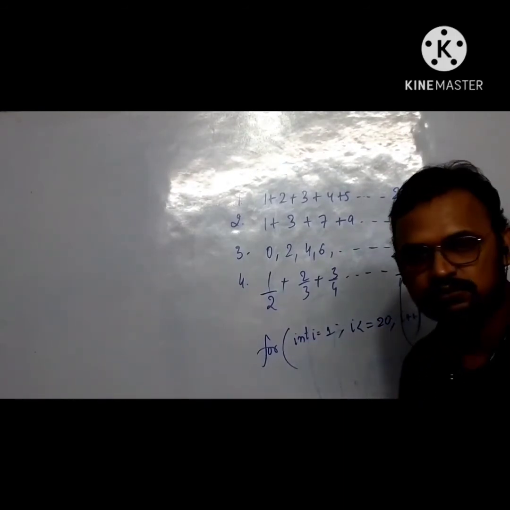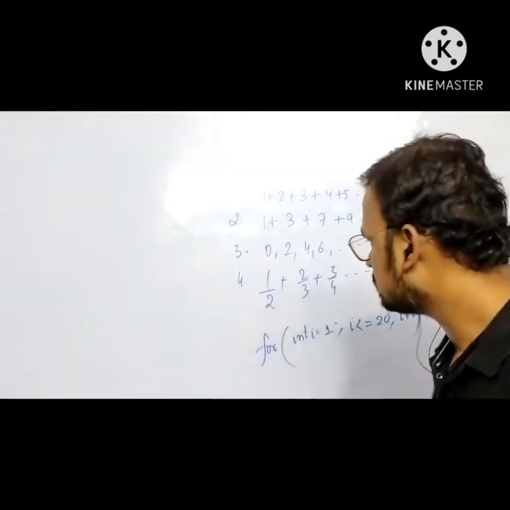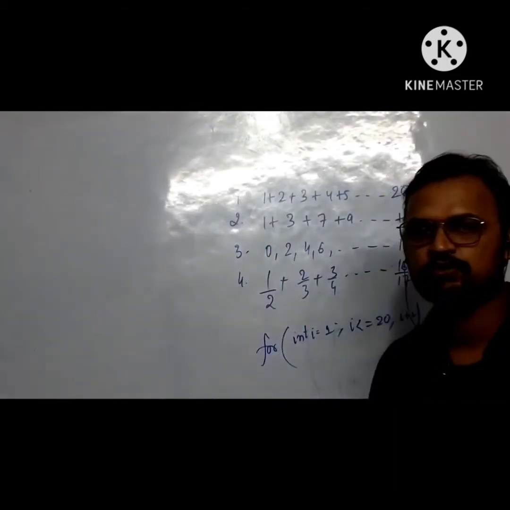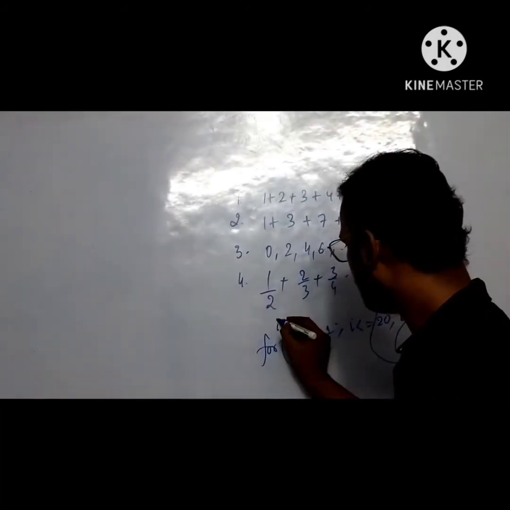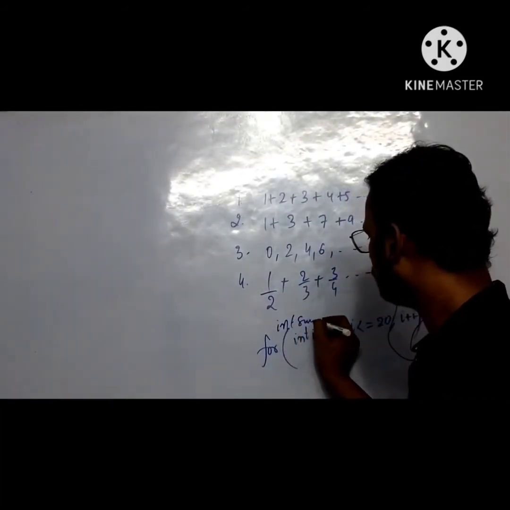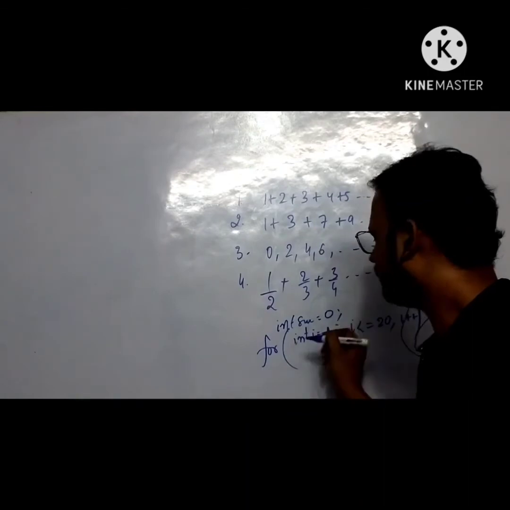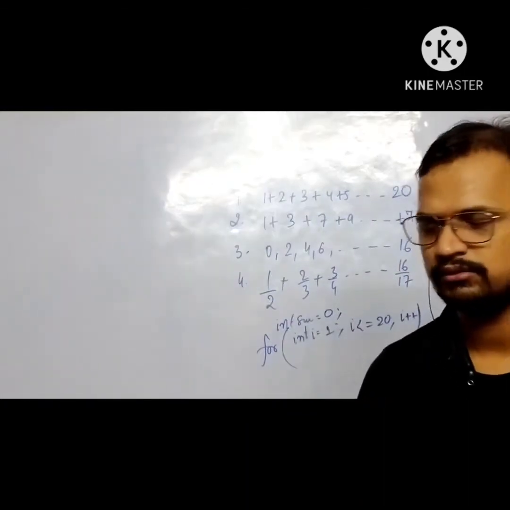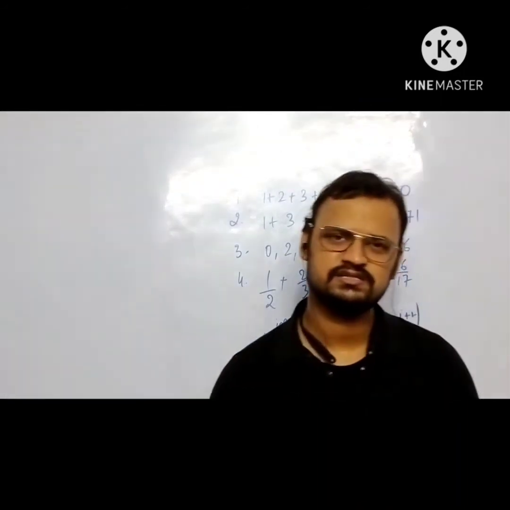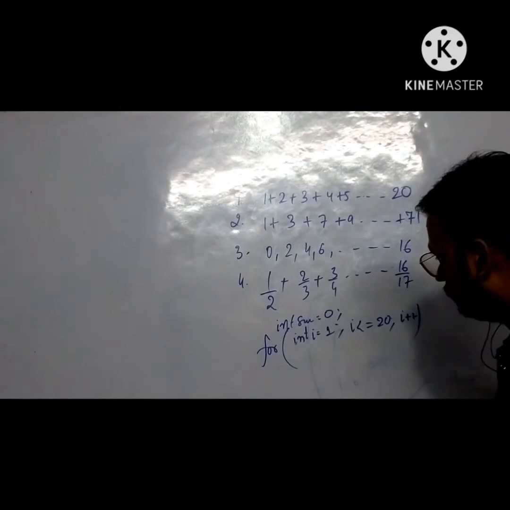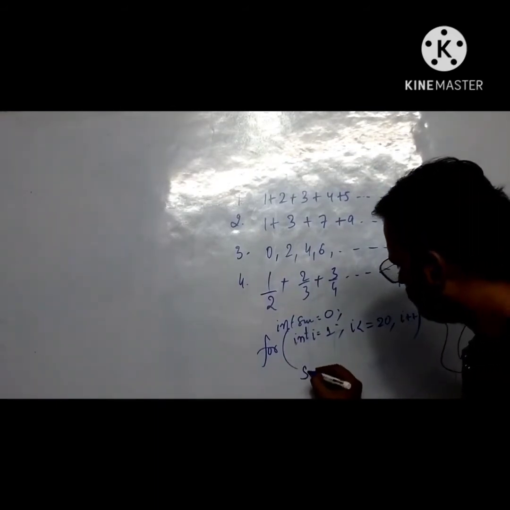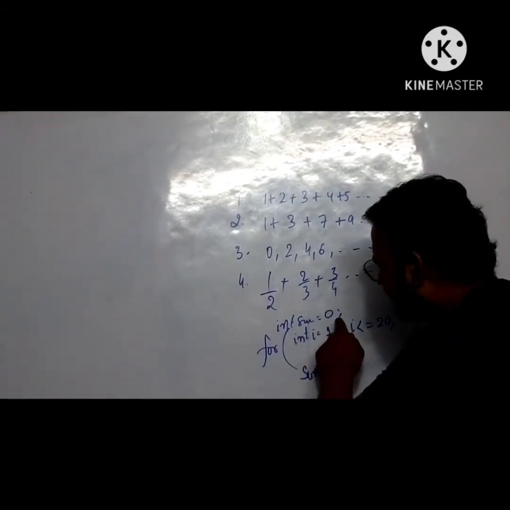But just remember one point, students. Whenever there is a case of finding the sum of any series, we have to take a variable, int sum equal to 0. Why do we take only 0?